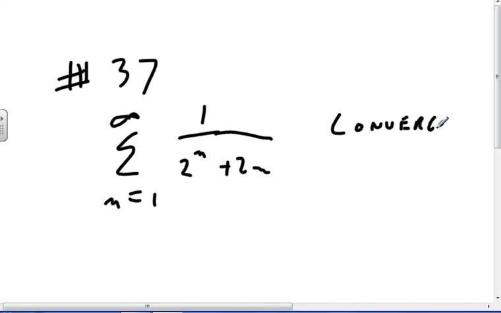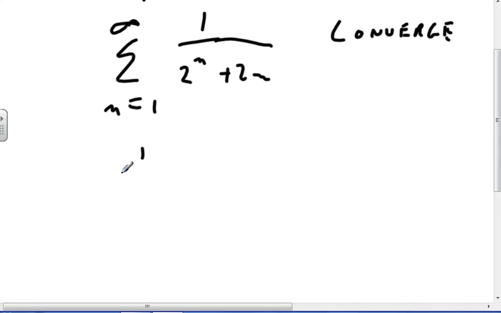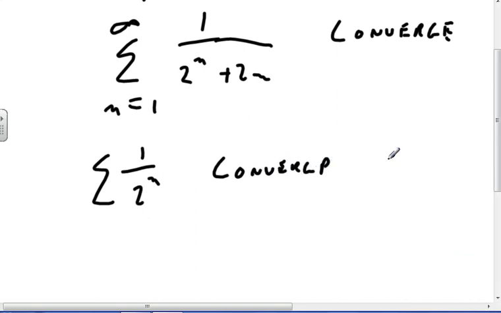Now, how do we know that? Well, the p-series test says that 1 over 2 to the n is going to converge, because 2 is greater than 1, and 2 is my p.